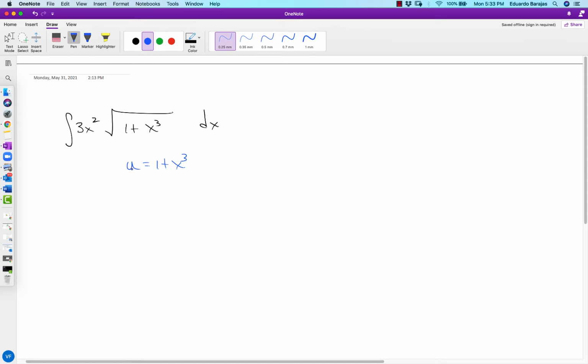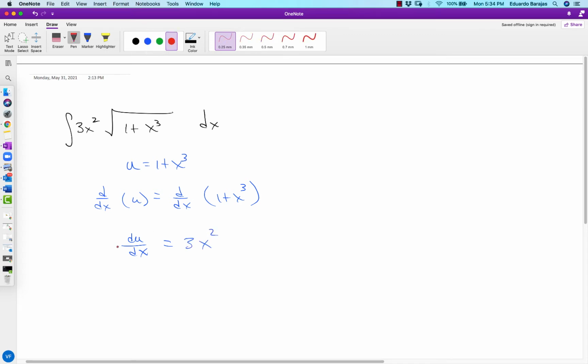So I'm going to let u equal 1 plus x cubed, and now I'm going to take the derivative with respect to x on both sides. So d/dx of u is equal to d/dx of 1 plus x cubed. On the left-hand side, I'm just going to rewrite this as du/dx. On the right-hand side, now I can take a derivative because it's with respect to x, and this function's in x. And that's just going to be 3x squared.